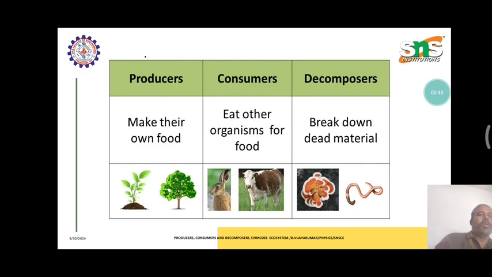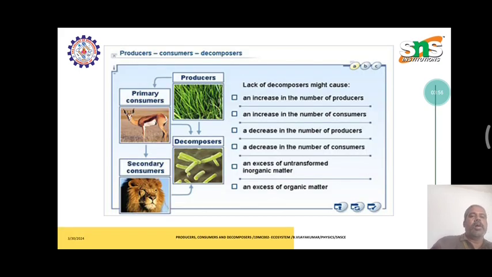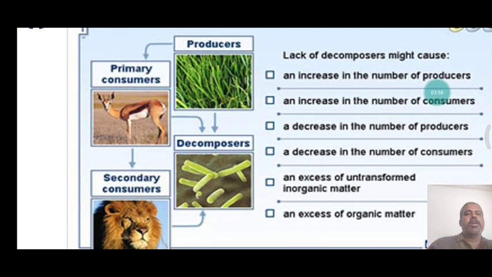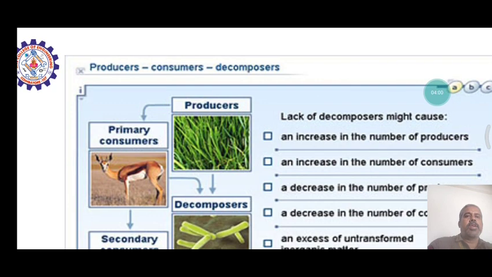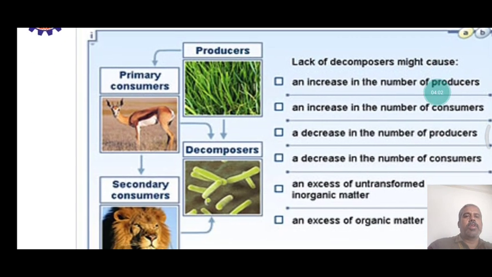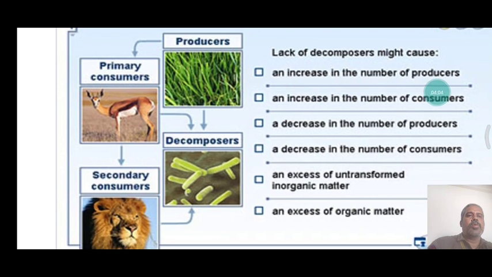So the producer makes its own food, the consumer eats other organisms for food, and the decomposer breaks down the dead materials. This is an interrelation of producer, consumer and decomposer.